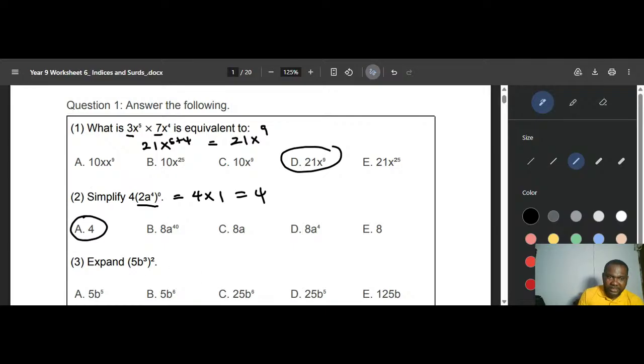That means I'm going to write this as 5 squared, then b cubed squared. All of them will carry the square. 5 squared is 25. B cubed squared is b raised to power 6. So the answer to this question is C.